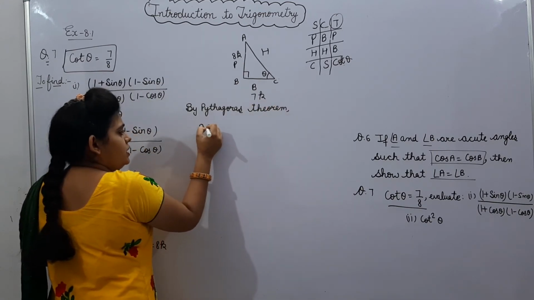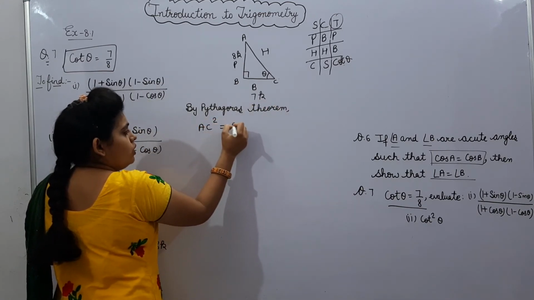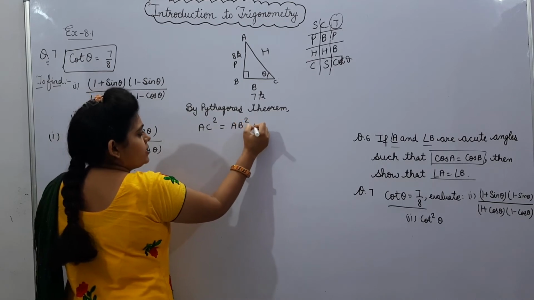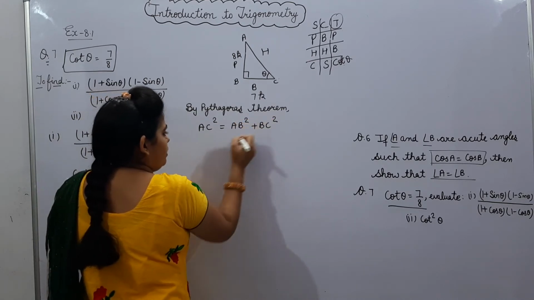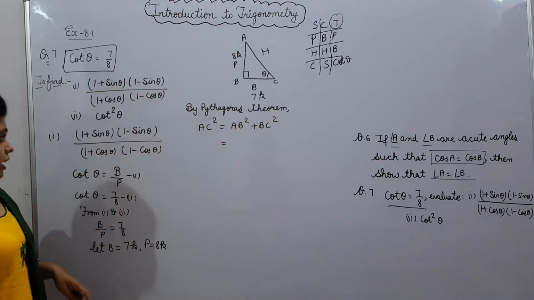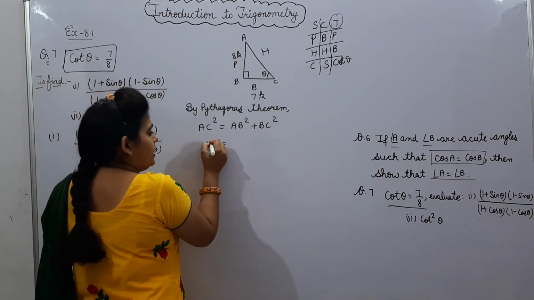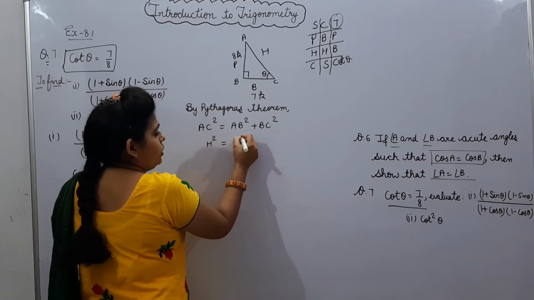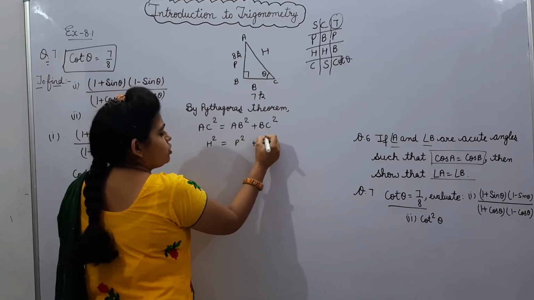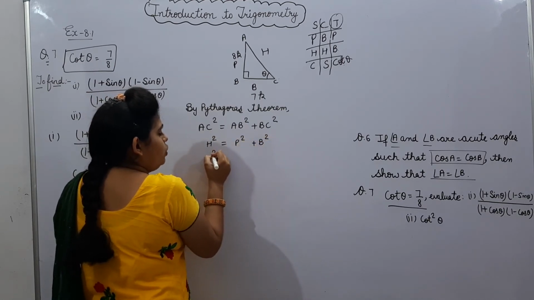this AC square will be equal to AB square plus BC square. Or simply we can write h² = p² + b². We have to find the value of h.